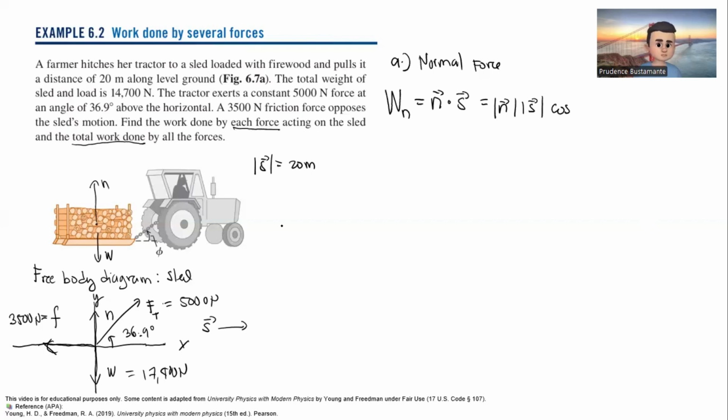If you look at this, this is X, this is Y. This is the displacement along X, and this is the normal force. The angle between them is 90 degrees. Cosine of 90 degrees is just equal to 0. Therefore, the work done by the normal force is 0.